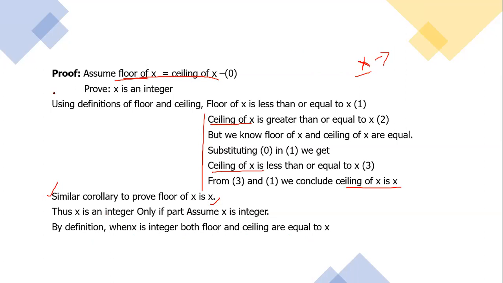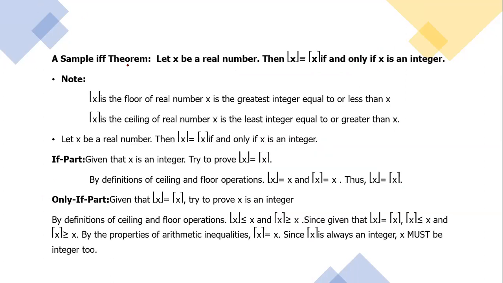This is the way we can prove that particular theorem. This is an important theorem, please make a note of it. It is very important. Let x be a real number, then floor of x and ceiling of x are the same if and only if x is an integer.